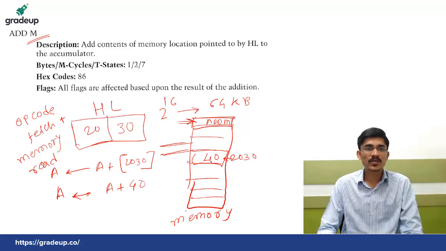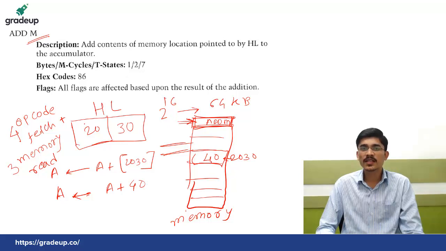So let's do the analysis. It adds the contents of the memory location pointed by the HL pair to the accumulator. Add M requires only 1 byte. So it is a 1 byte instruction, but it requires 2 machine cycles, opcode fetch and memory read, as well as 7 T states, because opcode fetch requires 4 and memory read requires 3 T states.